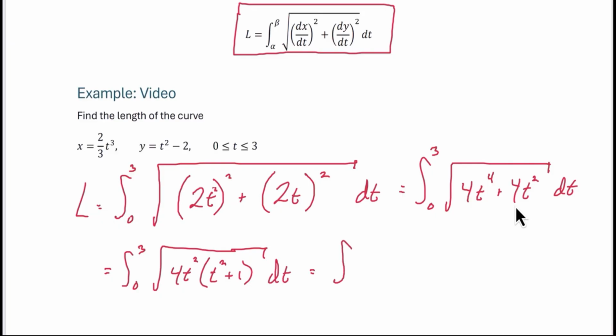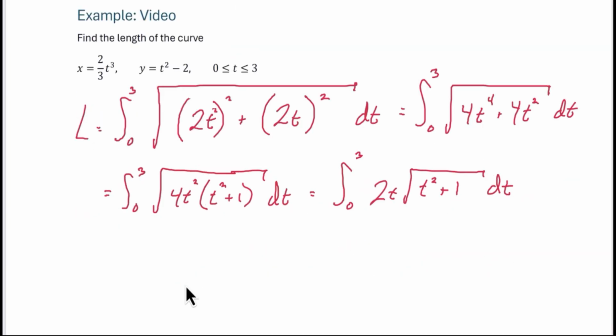Simplifying a little bit more, the first factor here, 4t squared, is a perfect square. We can take the square root of that to get 2t square root of t squared plus 1 dt. Next, it looks like we'll need a u substitution in order to evaluate this integral.